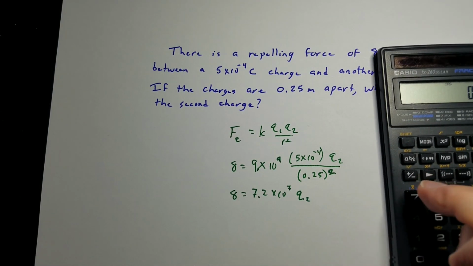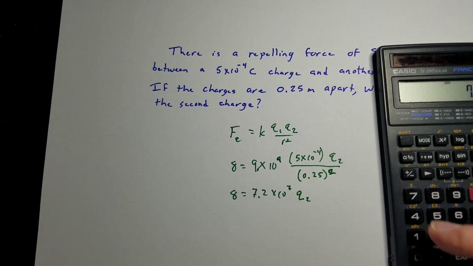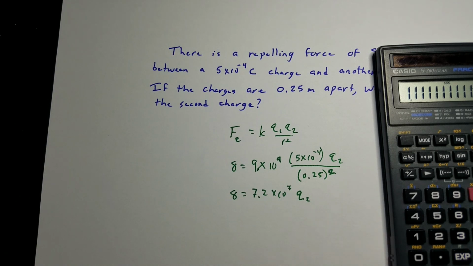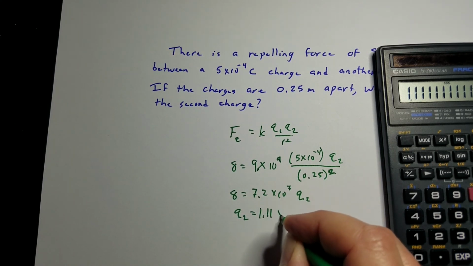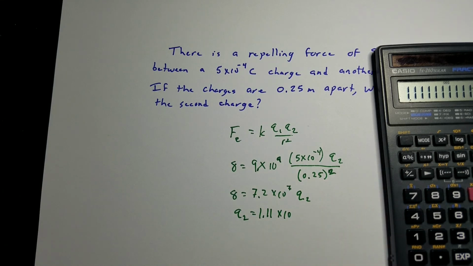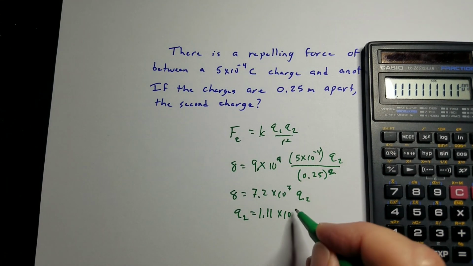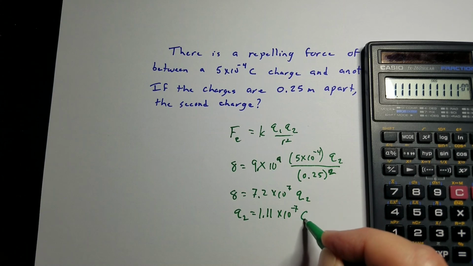So I'm going to take 8 divided by the 7.2 times 10 to the 7th. And we get that the second charge is 1.11 times 10, looks like, to the minus 7th coulombs.